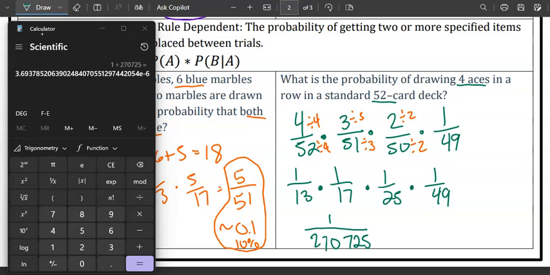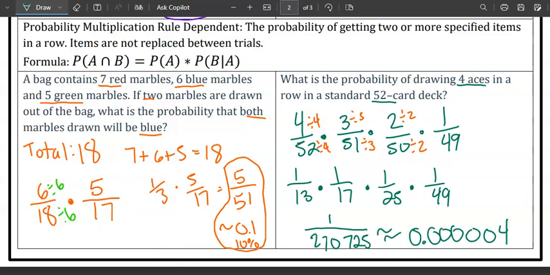This e minus 6 means that it's 10 to the negative 6 power, which is about 0.000004. Or you could write it in scientific notation, which is about 3.69 times 10 to the negative 6 power.